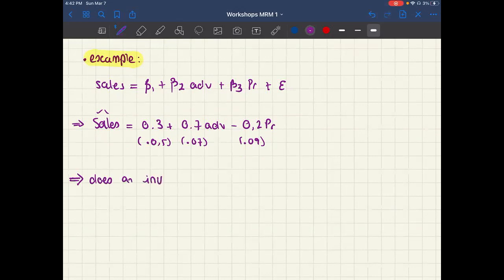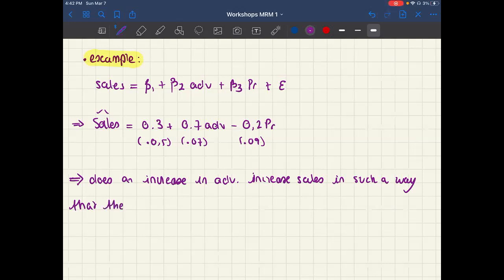All right, and here, one question we could ask amongst many questions is, does an increase in advertising increase sales in such a way that the cost of increasing advertising is compensated for?